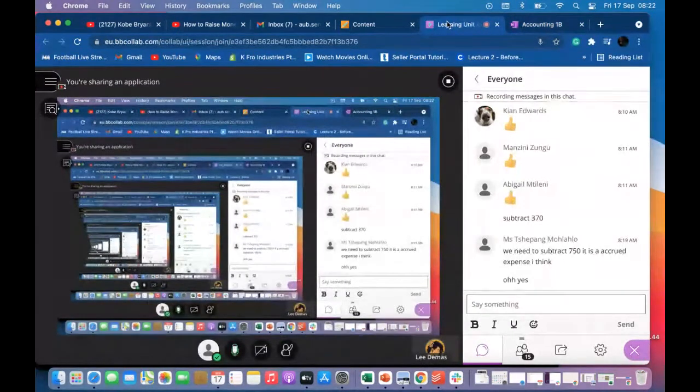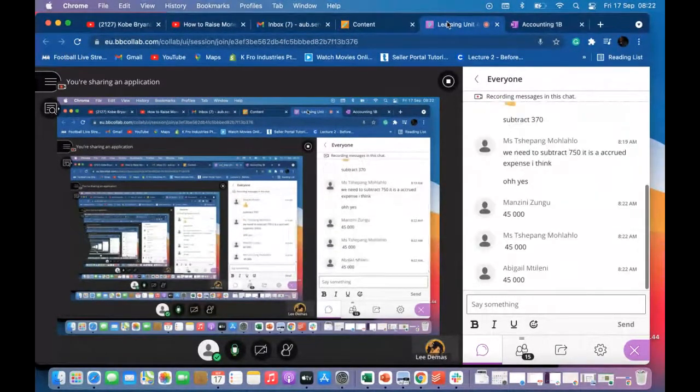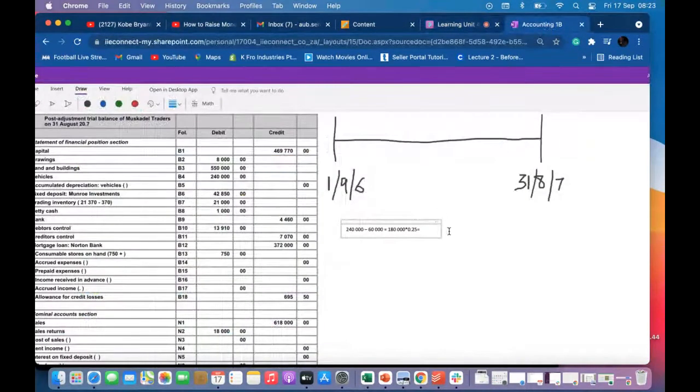We're saying 180,000 times 25%, the carrying value, since it's on the reducing balance method. Thank you, Manzini. Thank you, Abigail. Thank you, Tsepang. 45,000. I will take your guys' word for it. Right, 45,000. Thank you very much, guys.